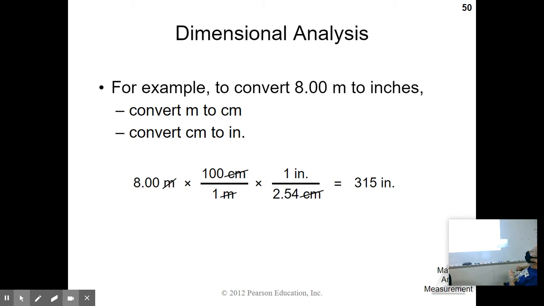So we want to go from 8 meters to inches. When I do my dimensional analysis, and you might soon find a way that works best for you, but I really, for the most part, will do it every step.